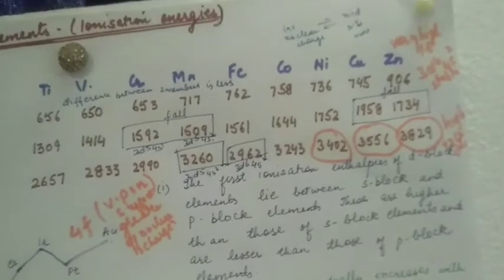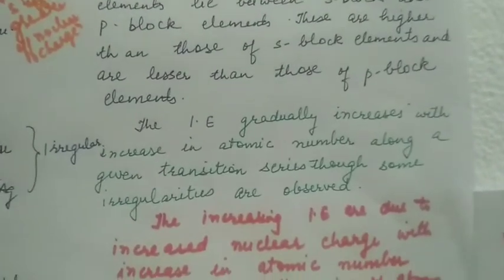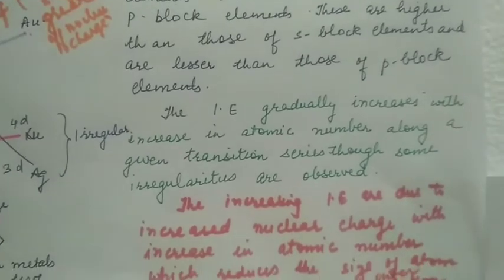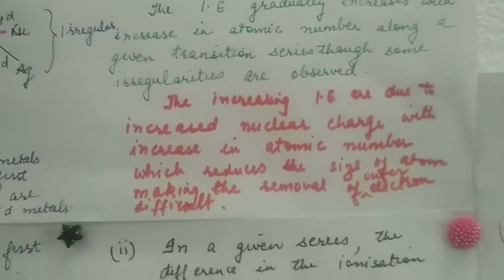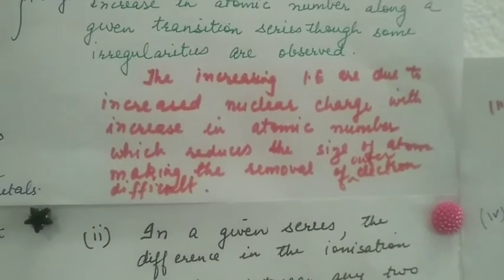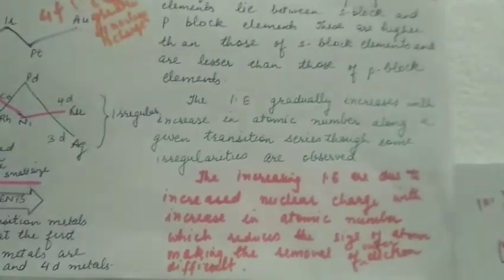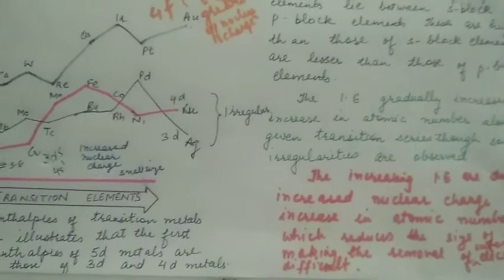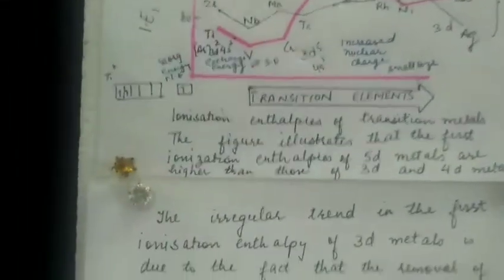There are some irregularities. The increase in ionization enthalpy is because of increase in atomic number, because of which the nuclear charge increases and size decreases, making the removal of outer electron difficult. So the ionization enthalpy value increases.